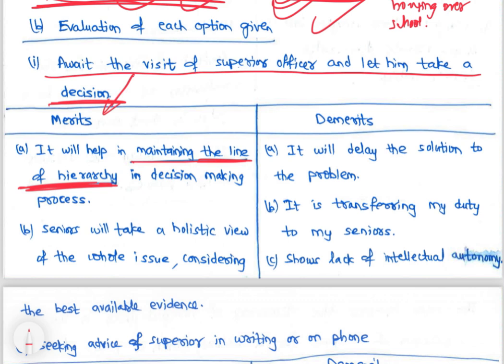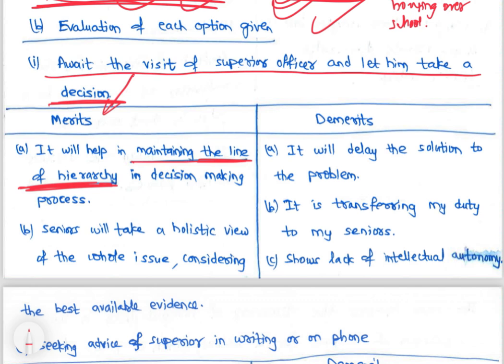See, in decision making there is always a hierarchy. We have studied it in section A, that maintaining hierarchy is also very important. Like the Weberian model of democracy, it focuses on hierarchy in decision making.